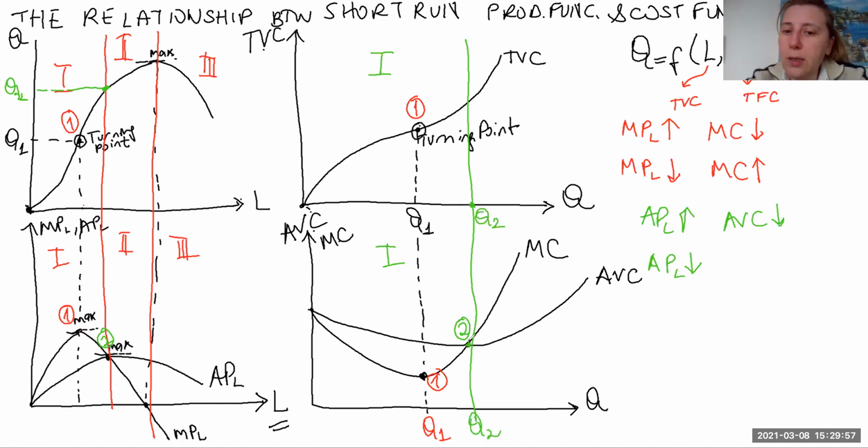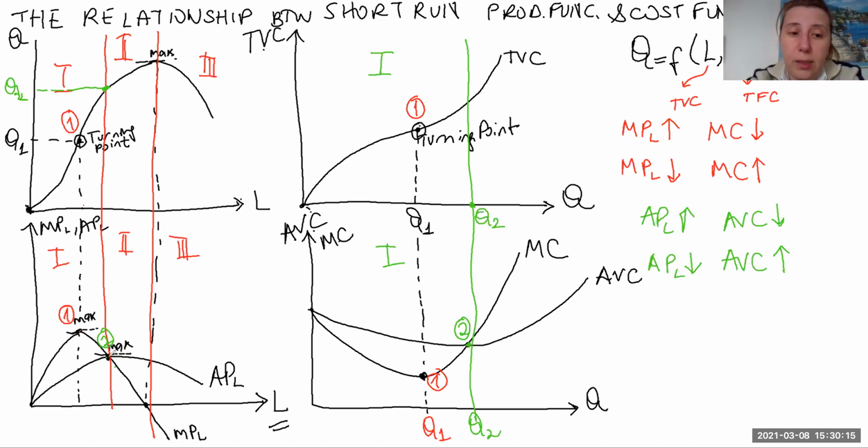So after the Q2 output level, because average product of labor starts to decrease, it means that the average variable cost of this labor will increase.